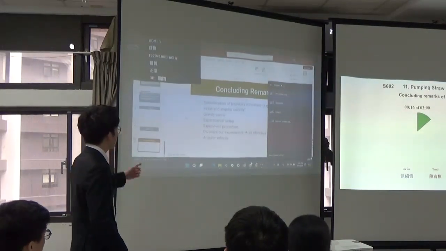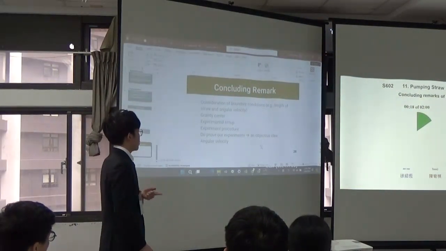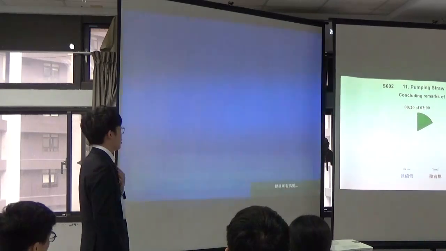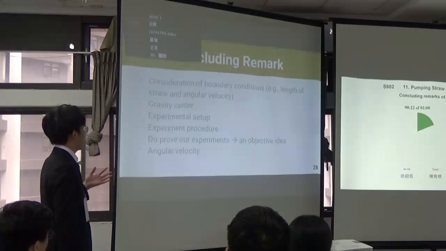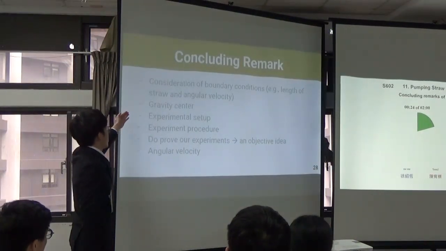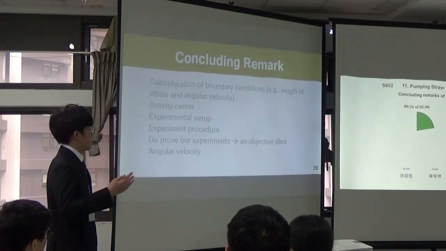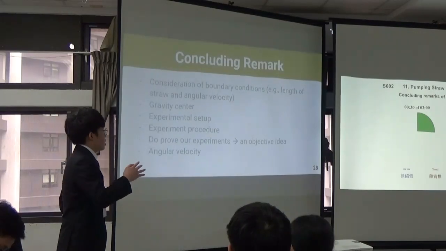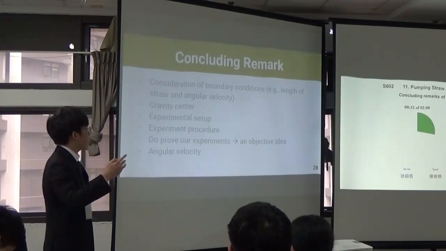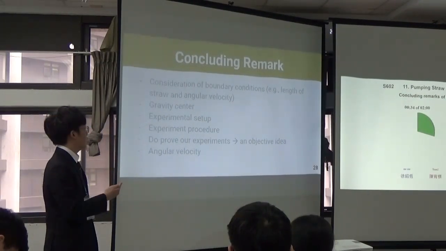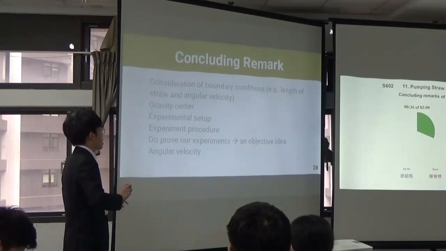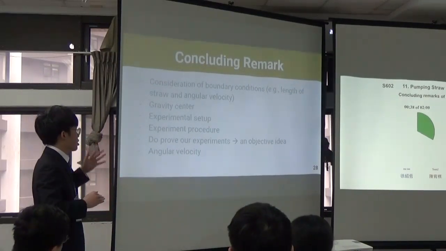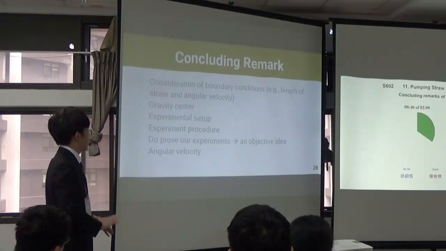First, the reviewer asked us whether we have considered the boundary condition, and yes, we did. They also raised a question about the gravity center, but as we explained previously, in our theory, water already filled the entire straw. So the condition that part of the air is still in the straw basically does not exist.